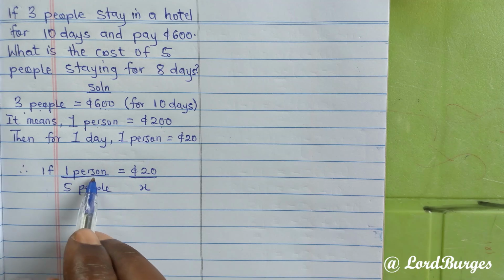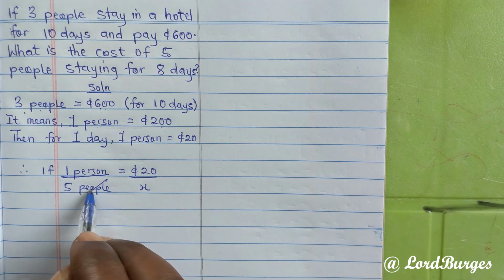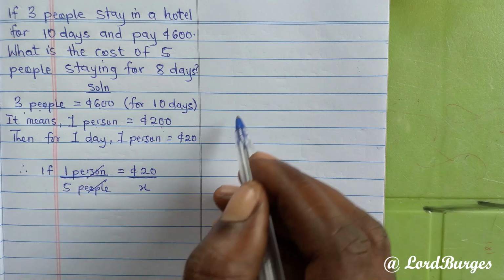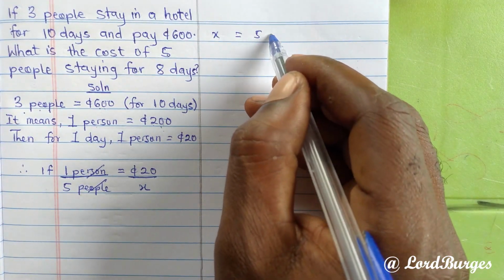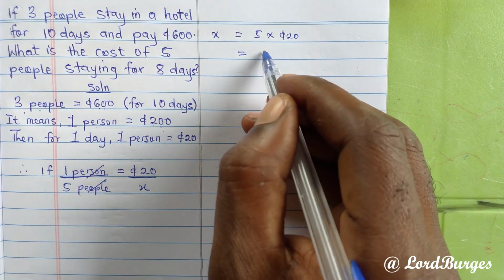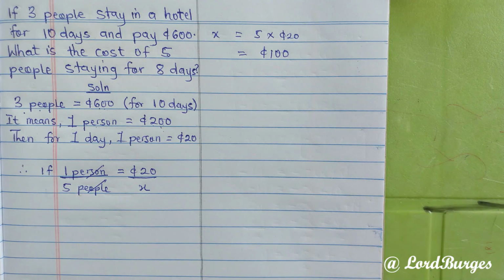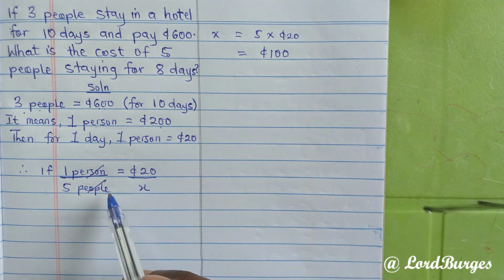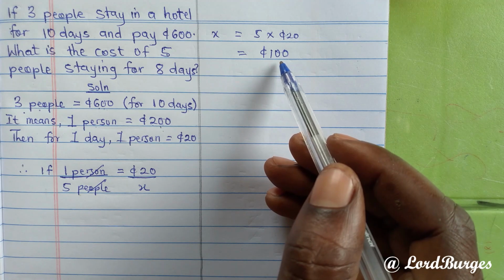So if one person pays 20 cedis for one day, then the 5 people will pay how much? So that this cancels this. So x times 1 gives me x to be equal to 5 by 20, which is giving us 100 cedis. Now it means the 5 people will pay 100 cedis for each day.